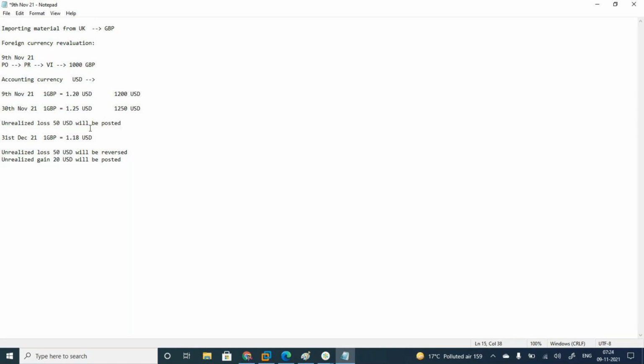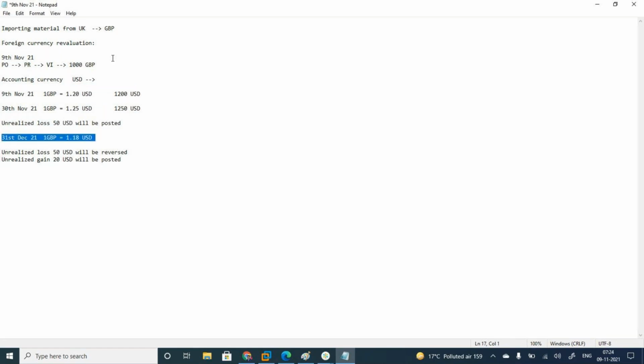So it will not compare this versus this one. Whatever was posted earlier will be reversed. And now this will be compared with the original invoice. Original invoice at that time was $1.2, now it is 1.18.